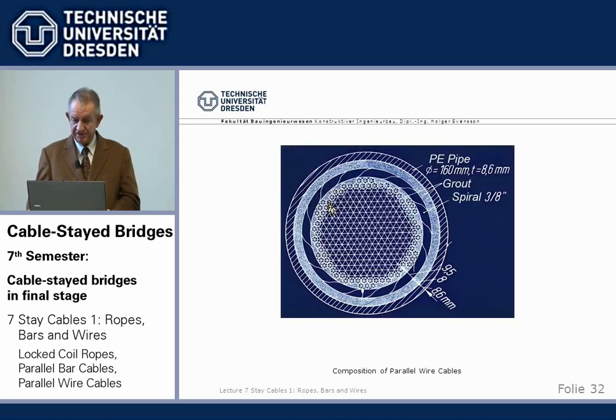They consist of parallel wires, 1/4 inch, 6.5 millimeters, something like that, inside a PE pipe.